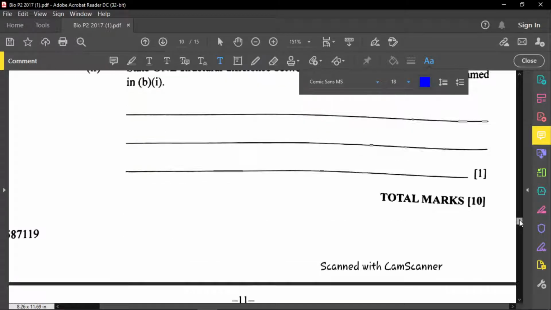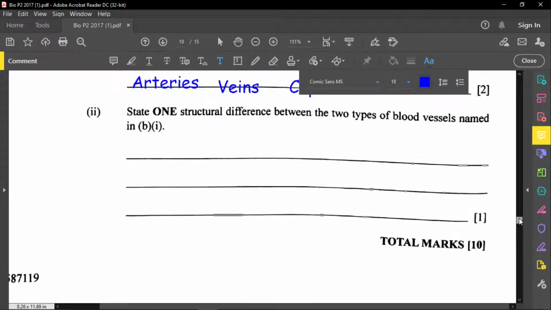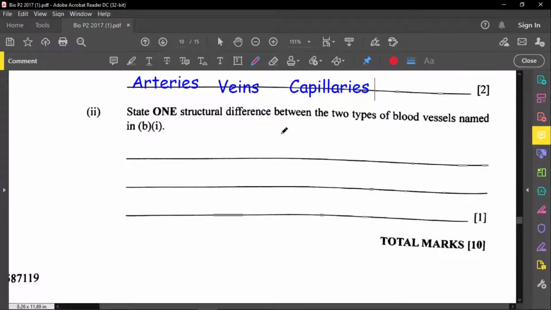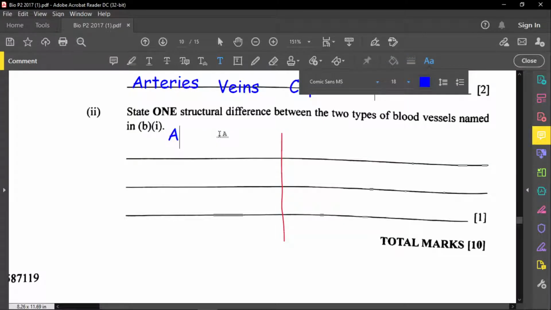What I will tell you to do in the exam to make life easier to mark and easier for you is simply to draw a line down the middle. You put arteries on this side, and over this side you put veins. This is going to make life really easy for the marker and also for you.